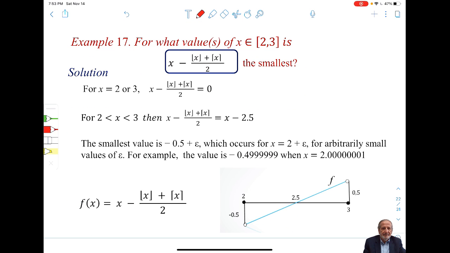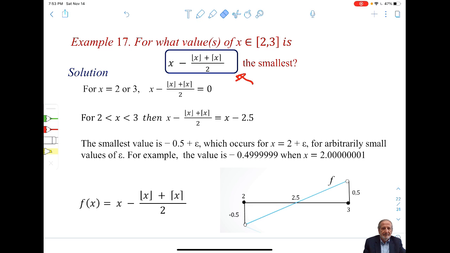Now, this is an interesting example. For all values of x between 2 and 3, for what values is this quantity the smallest?